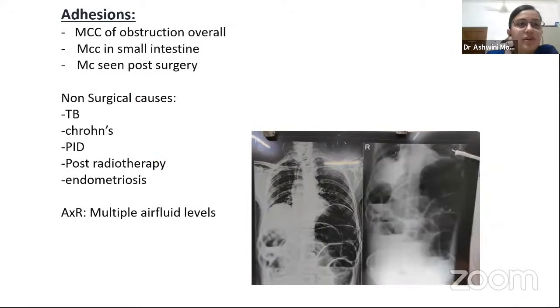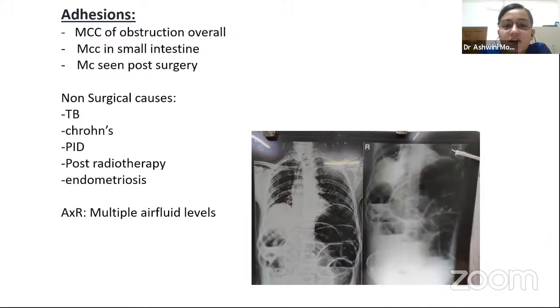So first of all, we will discuss adhesions, which are the most common cause overall for obstruction, most commonly seen in the small intestine, and most commonly seen after surgery. That is obvious.